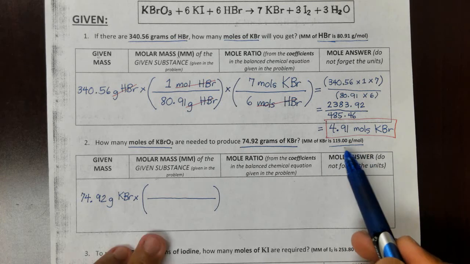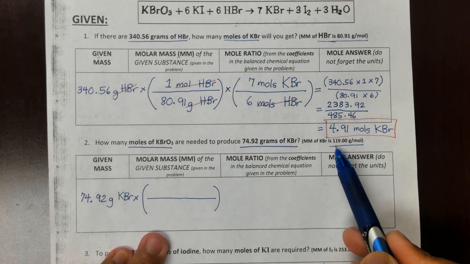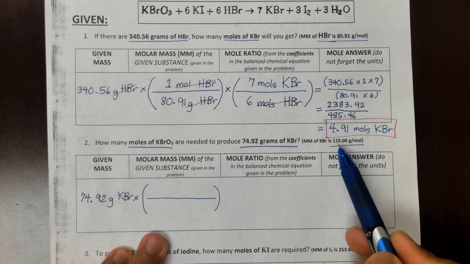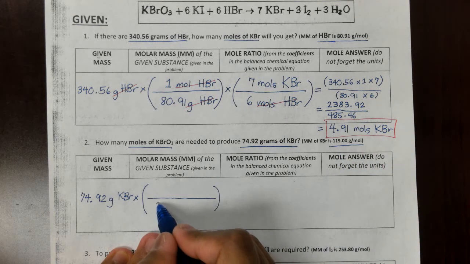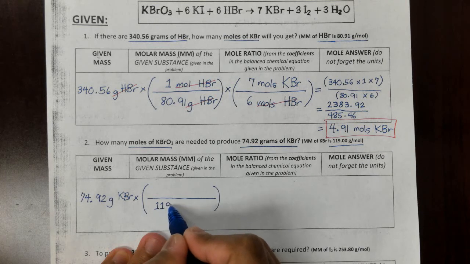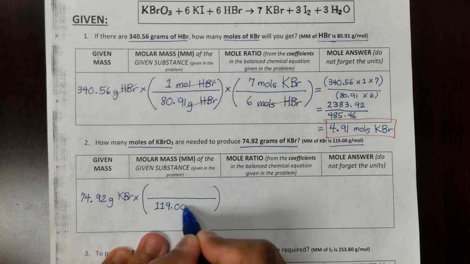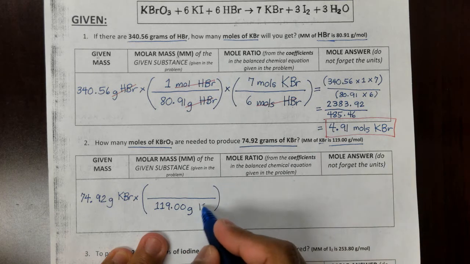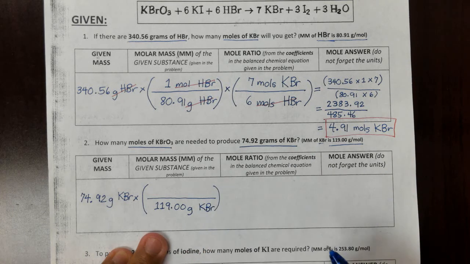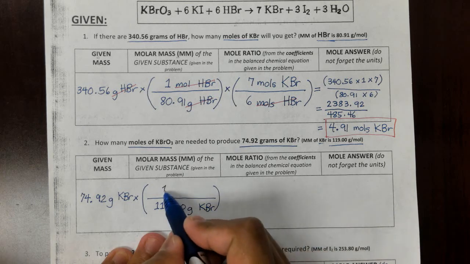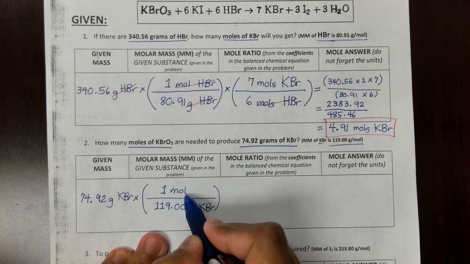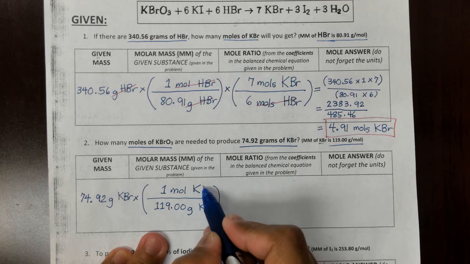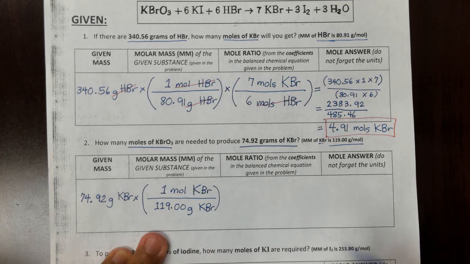And we have to know that for that molar mass, the value of the gram, which is 119.00, should be placed at the bottom. So we have to put that at the bottom, the grams here. And because that is KBr, of course, you have to attach the substance KBr. And the one on top is always 1 mole, and the substance should be the same. It should still be KBr.